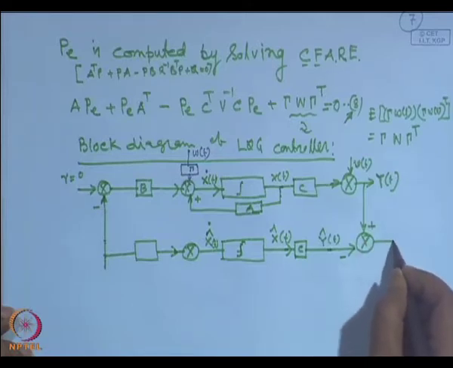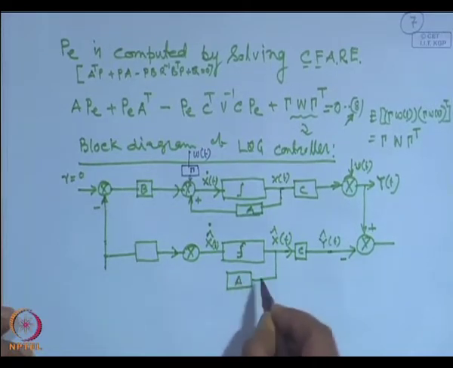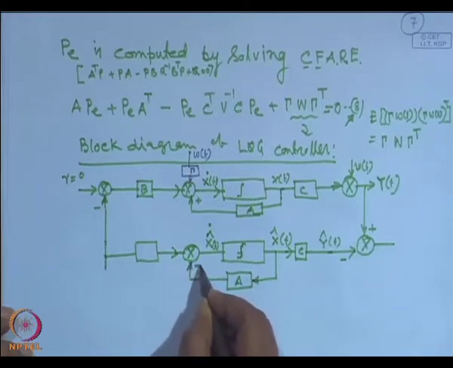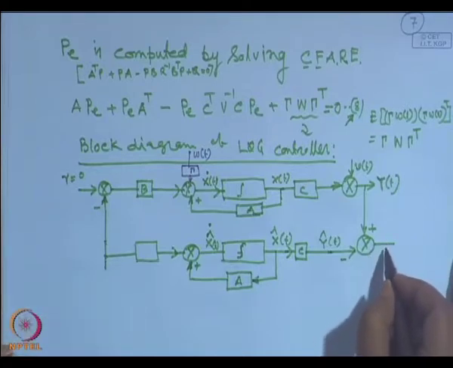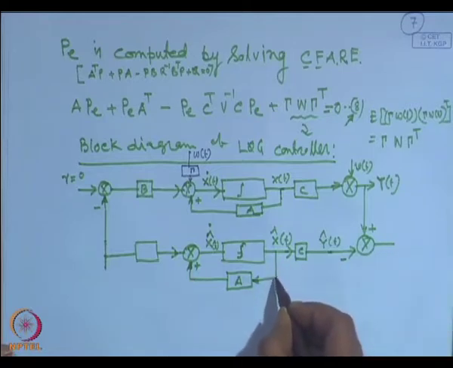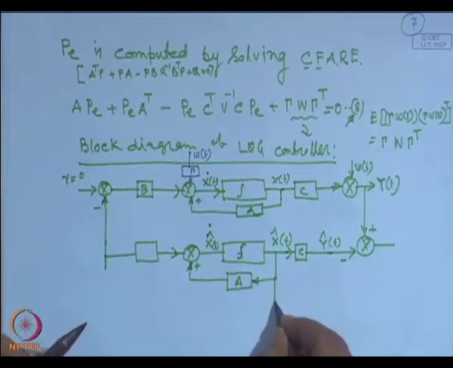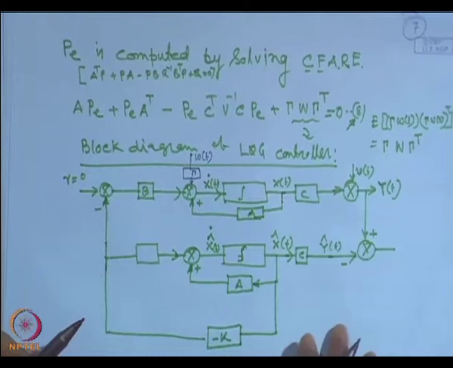Again, this signal is coming, and from here A. And this is y hat, and the estimated state will go to the controller, minus K, and that is the control law.